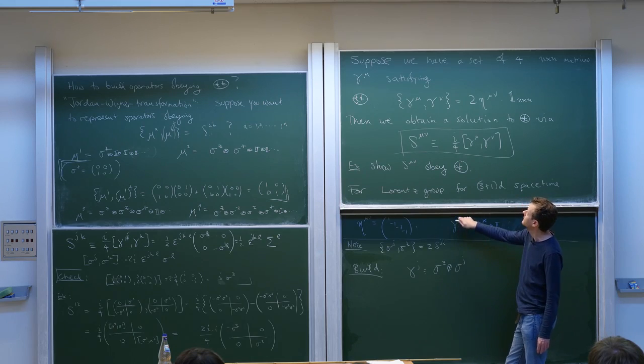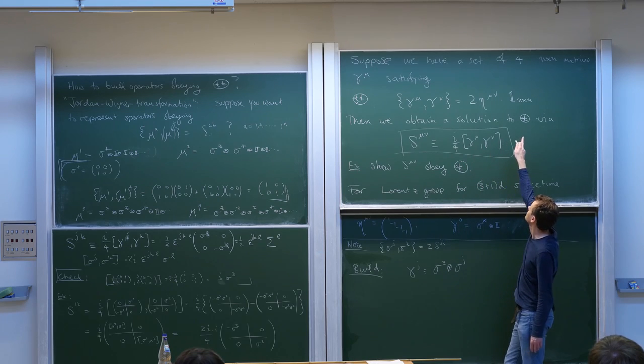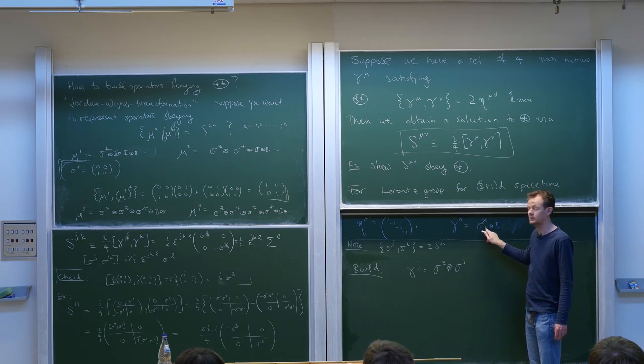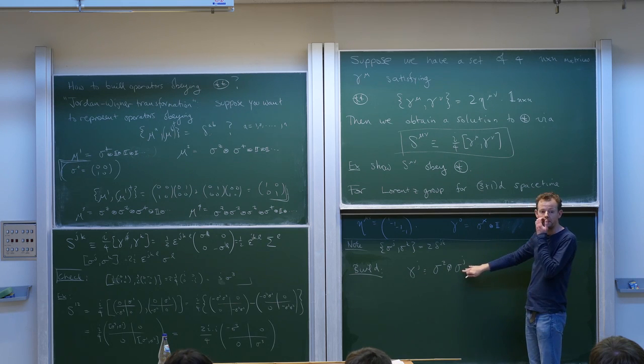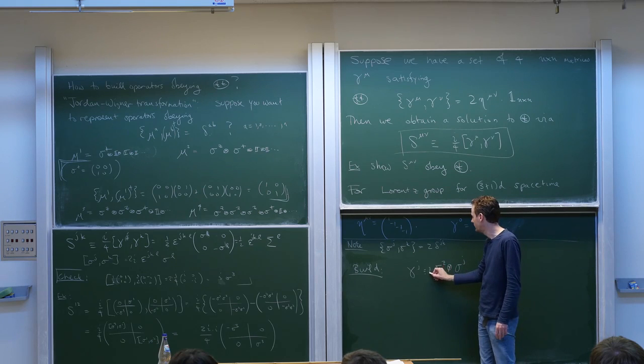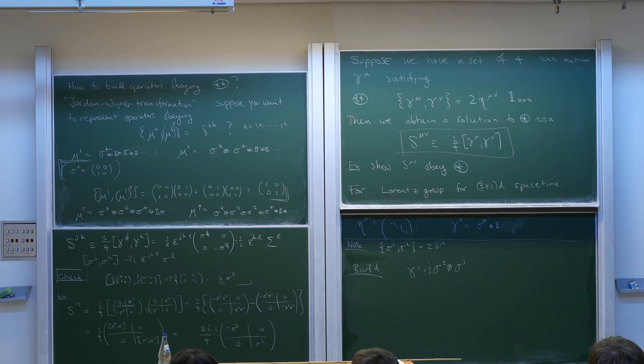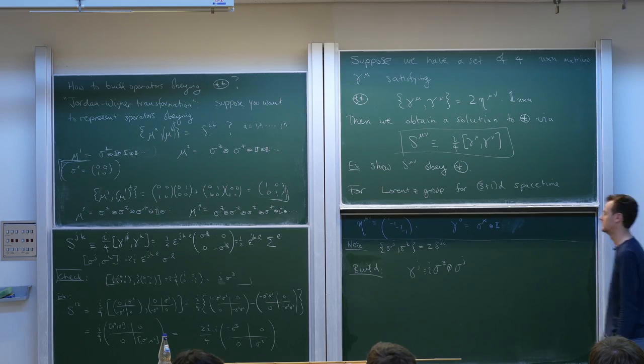Gamma naught squared is going to be the identity, which it is in this representation here. But these gamma j squareds have got to be minus the identity. So we have to put in an imaginary number like this.